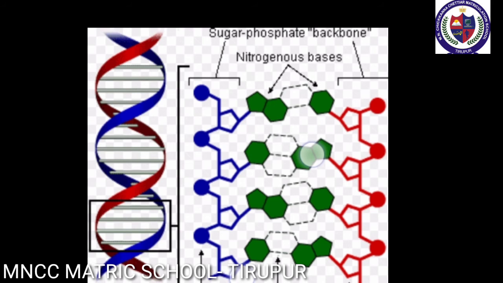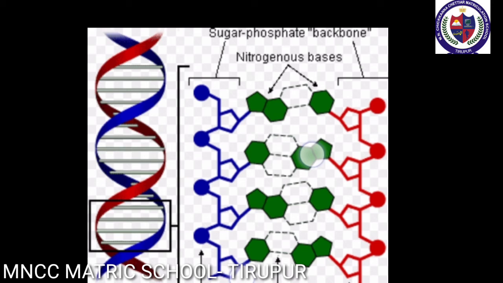Watson and Crick model of DNA. The DNA molecule consists of two polynucleotide chains. These chains form a double helix structure with the two strands running anti-parallel to one another. Nitrogenous bases in the center are linked to sugar phosphate units which form the backbone of the DNA.